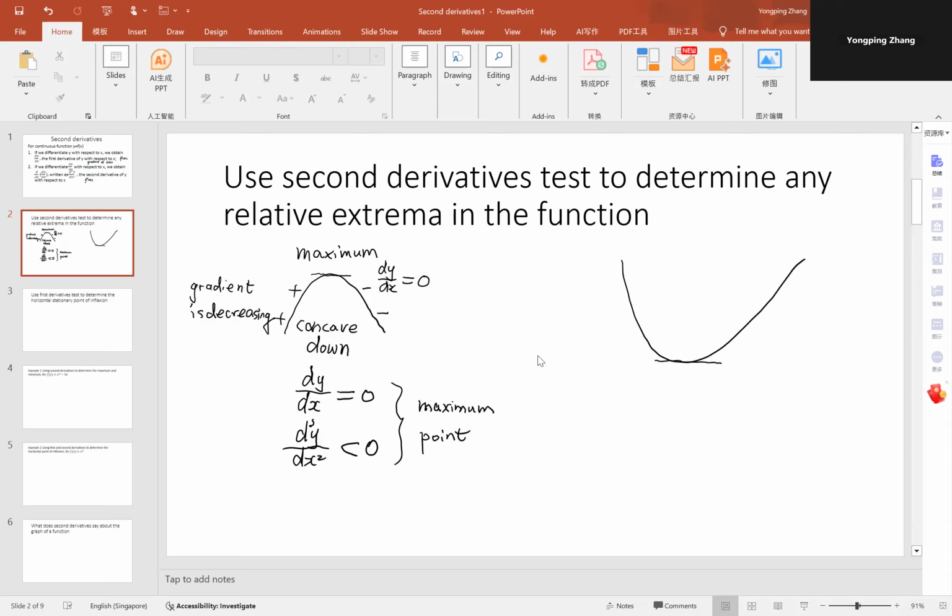In this case, this is the stationary point. This is dy/dx equal to 0. And this gradient is negative. This is positive.